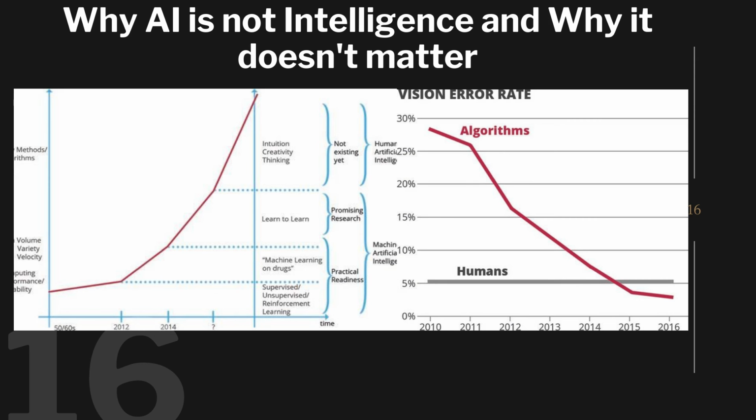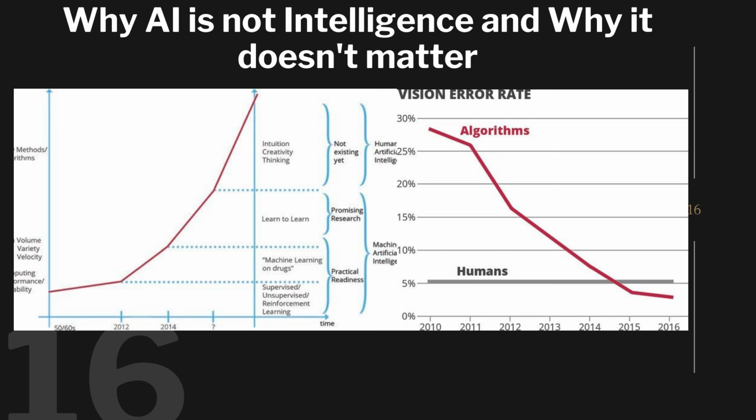So going from there, why is AI really not intelligent, and why does that not matter? As we can see with the evolution of AI and what AI has done for you, we've learned that, as the years have gone by, AI has become more complex, and we started going more and more into human-like artificial intelligence.